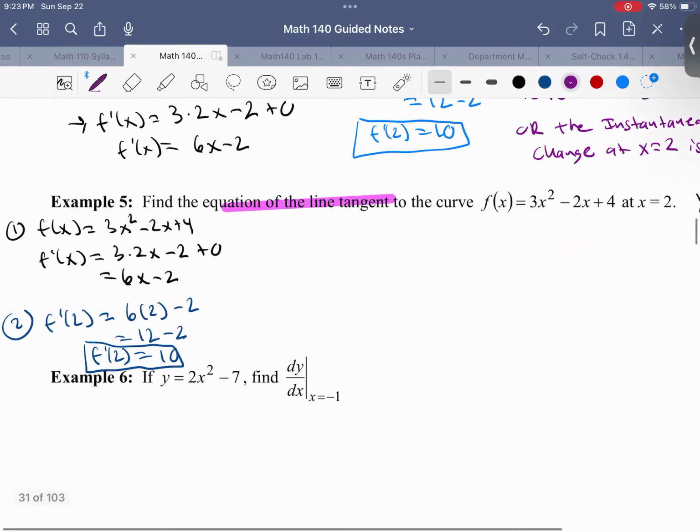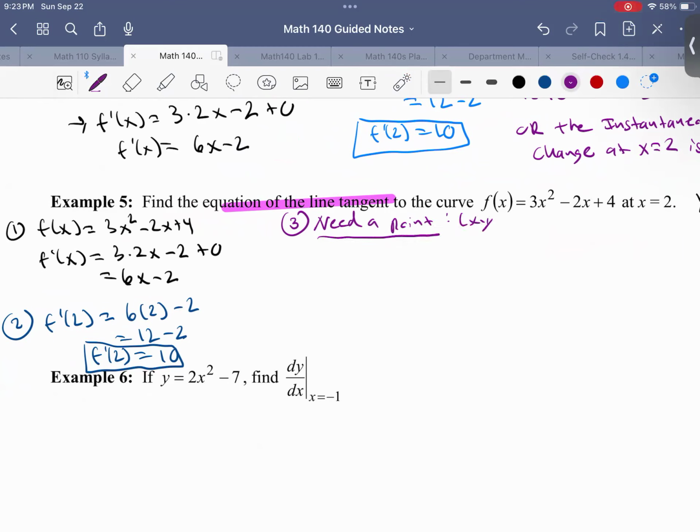So third thing I need to do is I need a point, meaning like x, y. All right, I need that point. So I already have x equals 2. So I'm going to plug that into f of x to get my output.